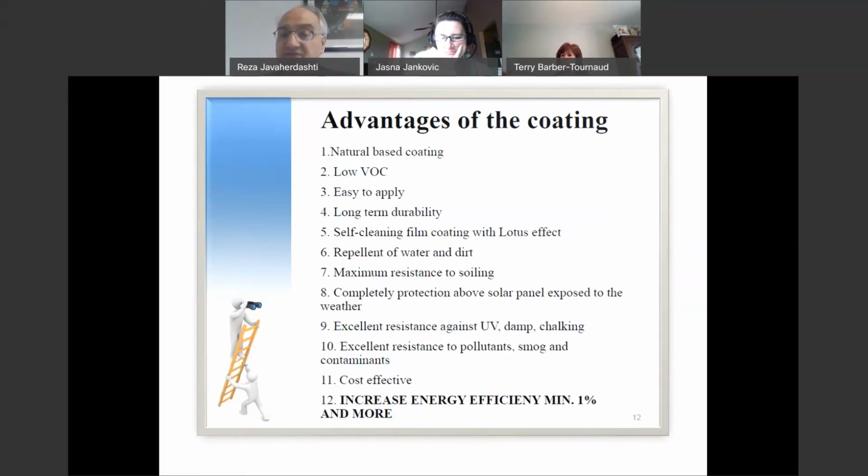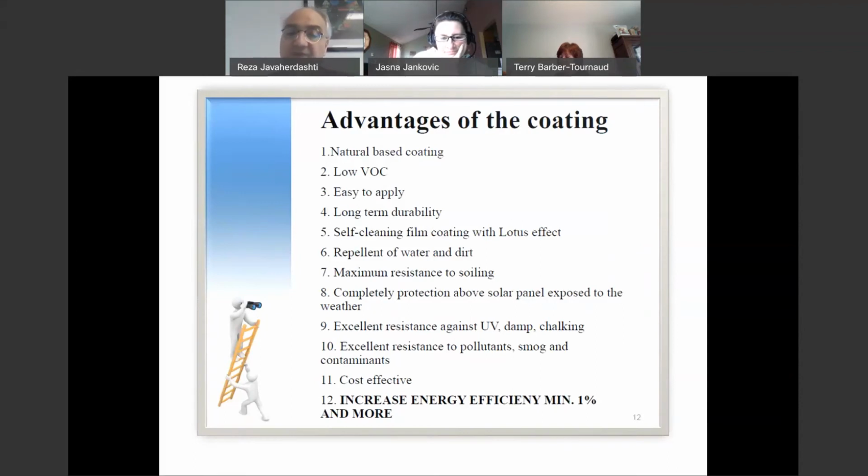Maximum resistant to soiling because of these properties it has. It gives complete protection to solar panels exposed to the weather. It really doesn't matter if you put your solar panel near the sea or in an industrial zone, wherever.